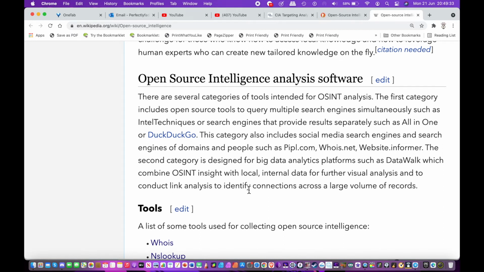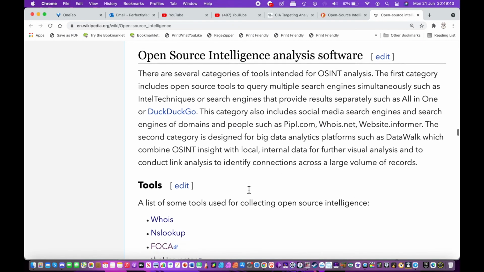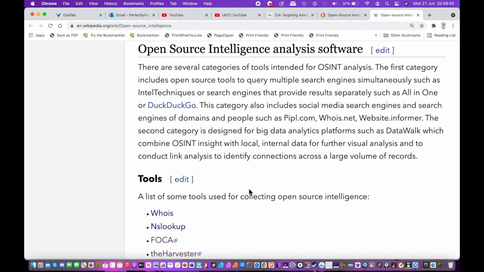The second category is designed for big data and analytics platforms such as DataWalk, which combine OSINT insight with local internal data for further visual analysis and to conduct linked analysis to identify connections across a large volume of records.